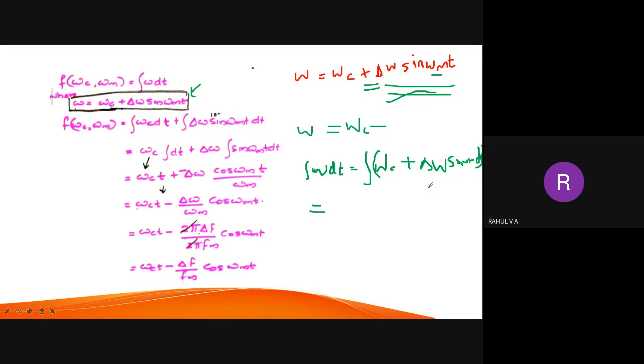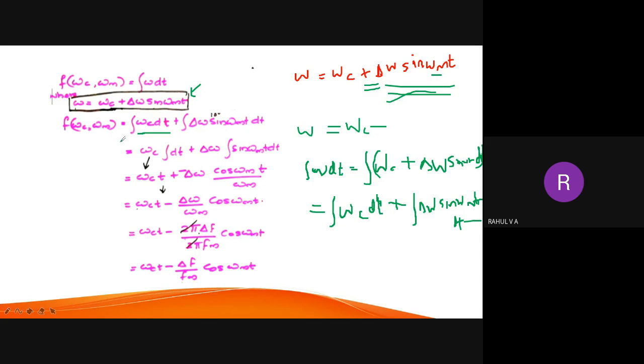Now I can separate the integration: the integral of omega c dt, because that is the first term, plus the integral of delta omega sin omega mt dt. So in the second step, I am separating it as the integral of omega c dt plus the integral of delta omega sin omega mt dt.